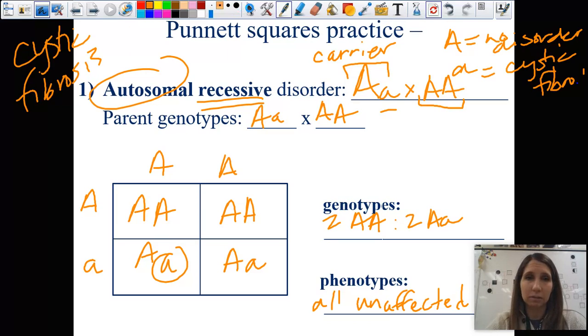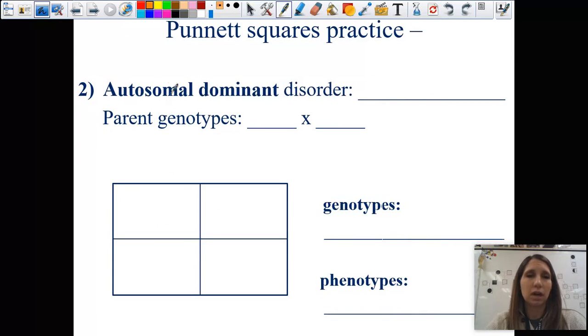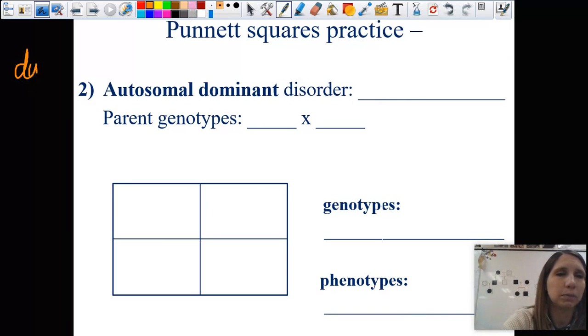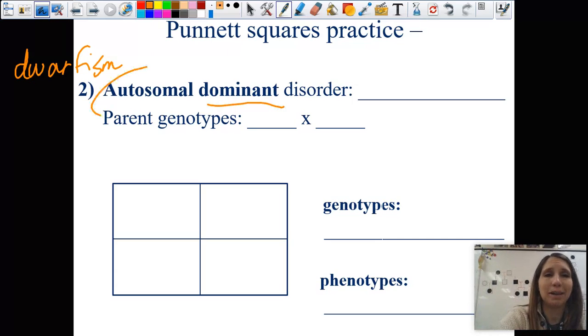So let's do that. If we consider an autosomal dominant disorder, let's use dwarfism as our example, little people. Dwarfism is again autosomal, so we just need to use a letter, not attached to an X or anything else, but it's dominant in this case.